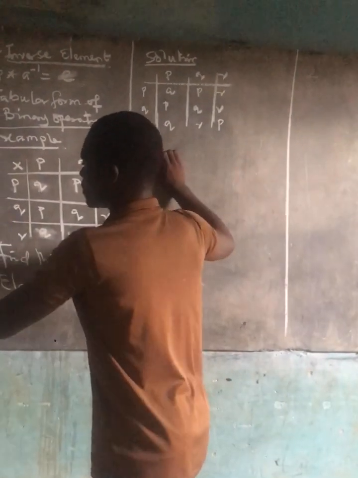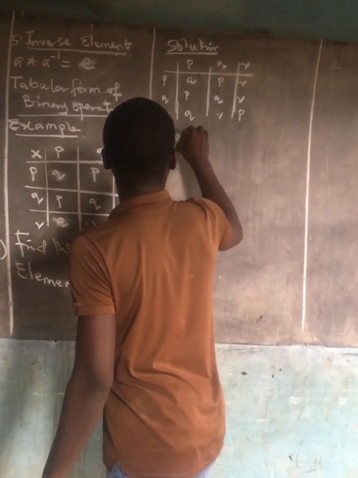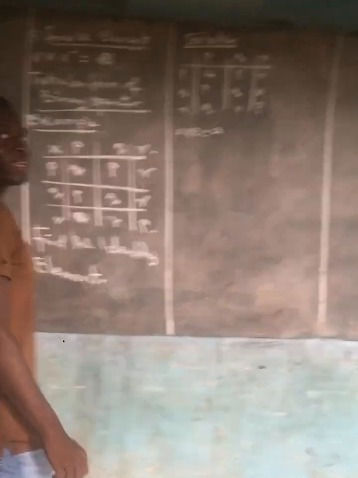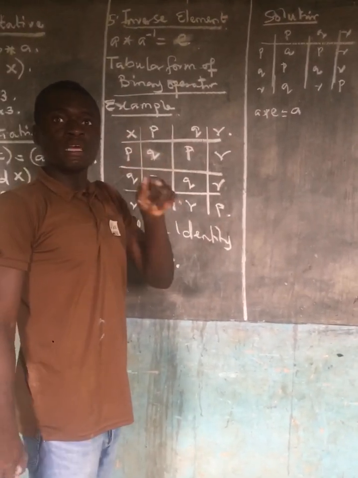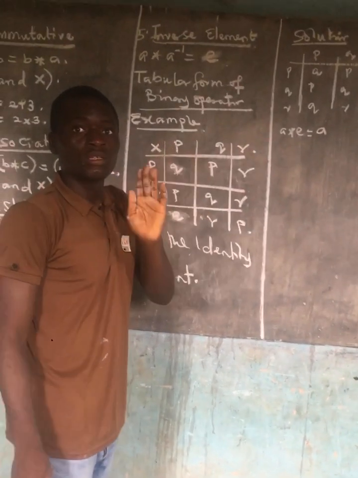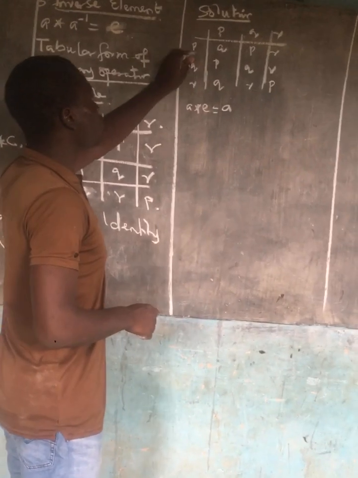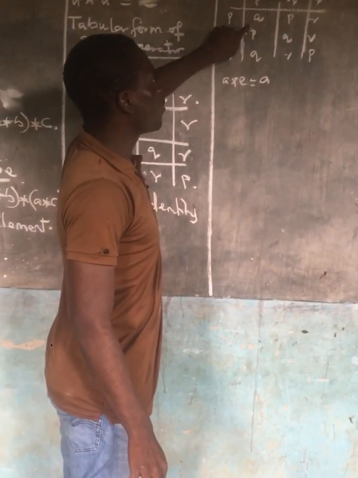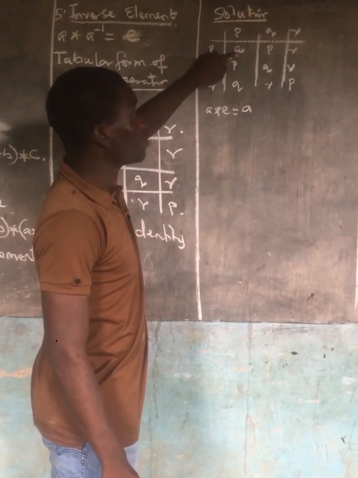To find the identity element, from this place, A asterisk identity must give me A. Whatever you place as identity must give you that same thing back. If you have P asterisk identity, it must give you P. Q asterisk identity must give you Q. Now, let's go. P asterisk P does not give us P, it gives us Q. P is not an identity element.